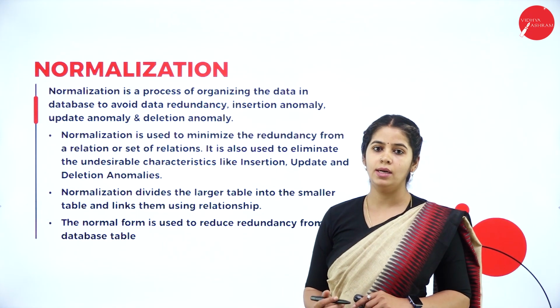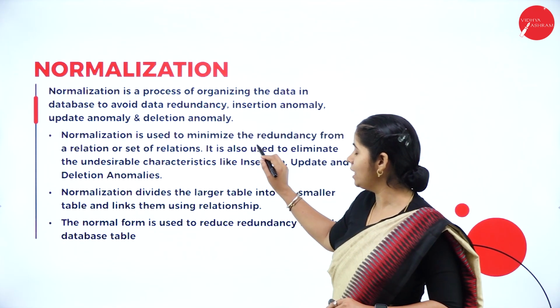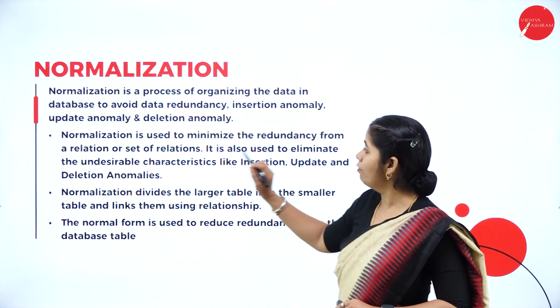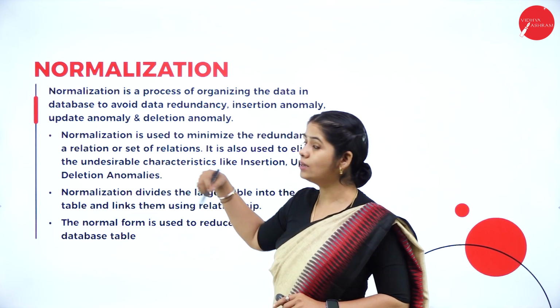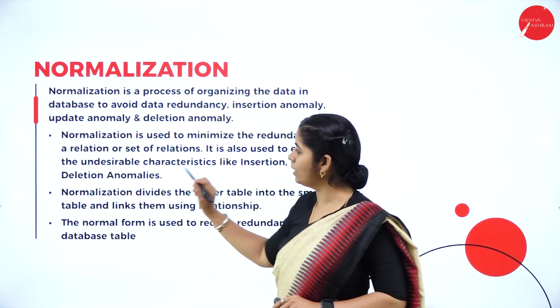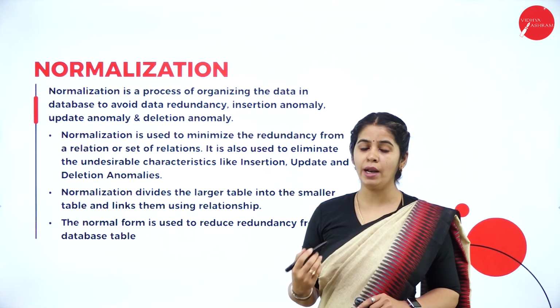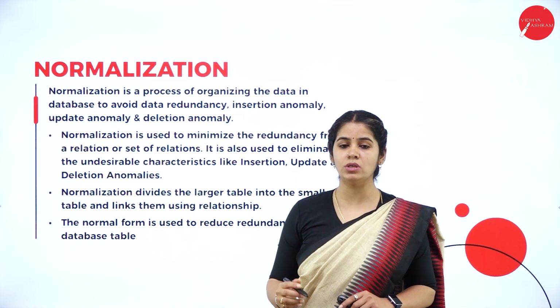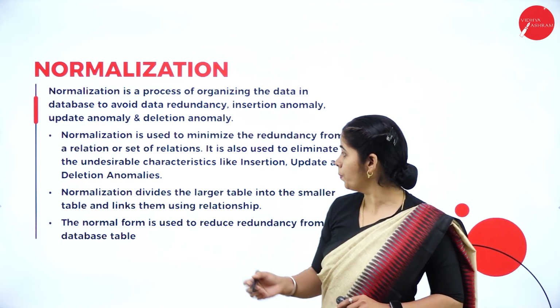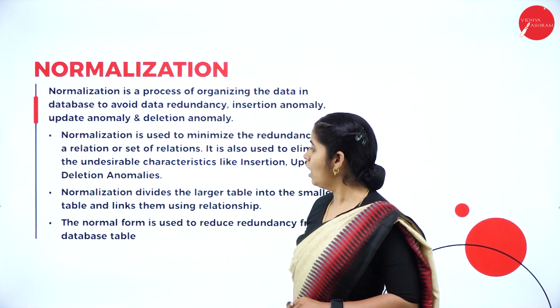Normalization is used to minimize the redundancy from a relation or a set of relations. It is also used to eliminate undesirable characteristics. Undesirable characteristics means which is not necessary, like insertion, updation and deletion anomalies.